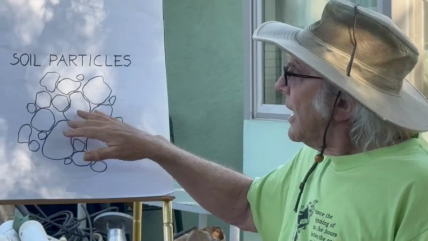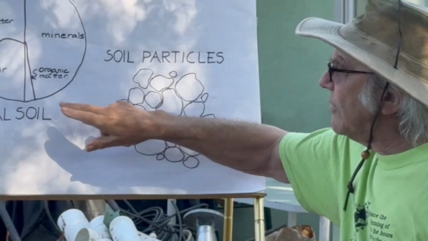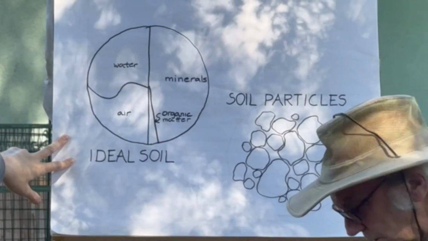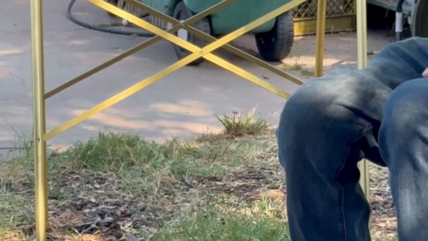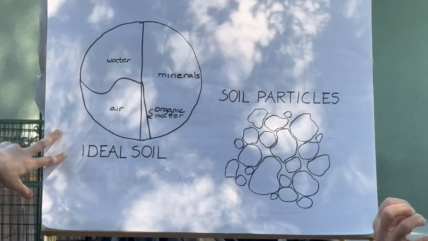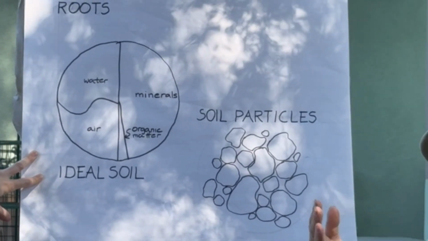But that's only the beginning of what's in soil. Now we have organic matter, humus, the stuff that you see here, and that breaks down further and further. And ideally, we like to see at least 5% in soil. And some soils have much more.